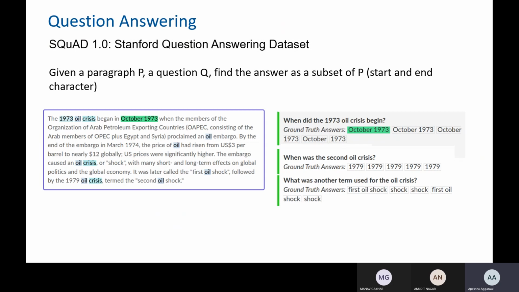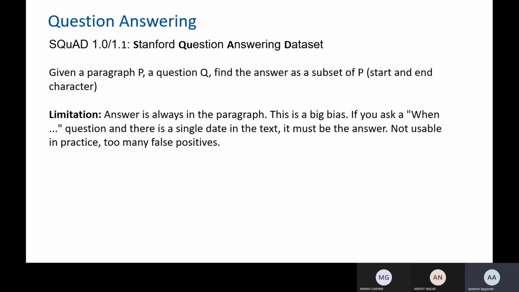The limitation here is that the answer is always in the paragraph. So this is a bias. Why? Because if you ask a when kind of question, and there is a single date in the text, it must be the answer, right? So generally it generates too many false positives.